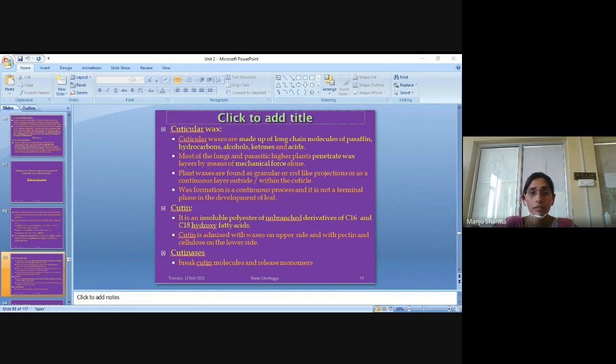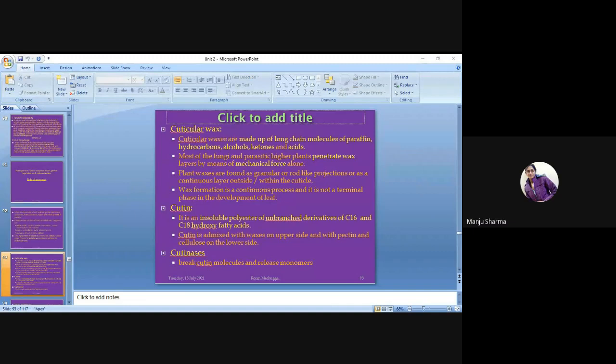After that, cutin. Cutin is an extracellular polyester of unbranched derivatives of C16 and C18 hydroxy fatty acids.